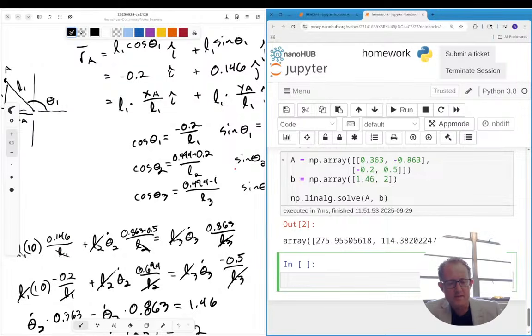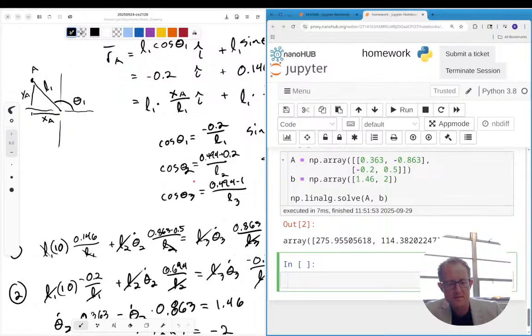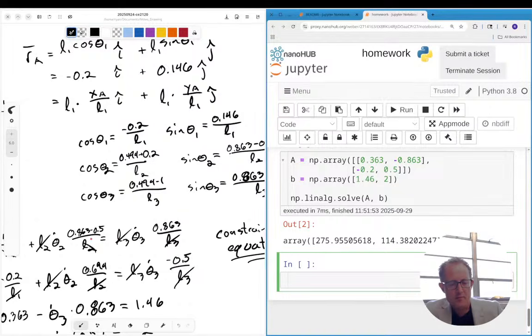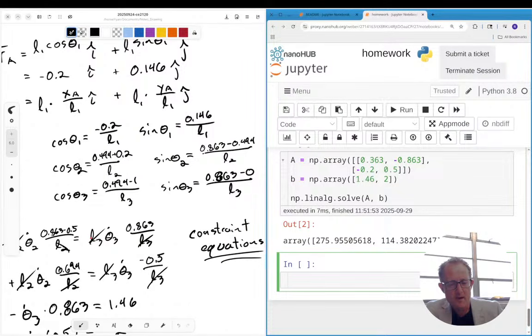And now the sine theta is 0.146 is my sine theta 1. 0.863 minus 0.4, so minus 0.5, 0.363 should be okay. And then 0.863.